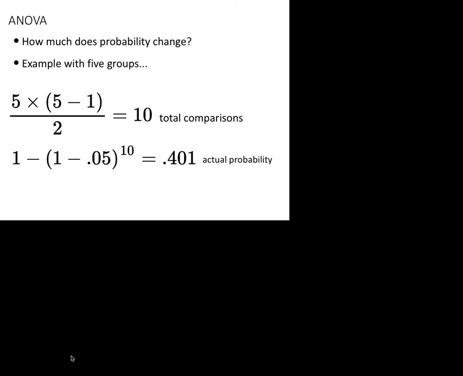But my actual probability of making a type 1 error is nowhere near 0.05. It's actually over a 40% chance of making a type 1 error, given the number of comparisons that you did all at alpha equals 0.05.